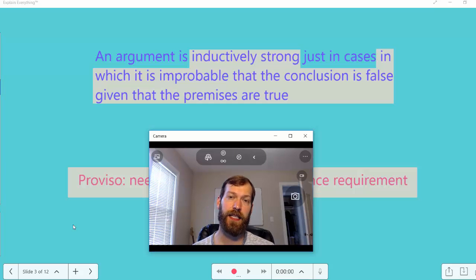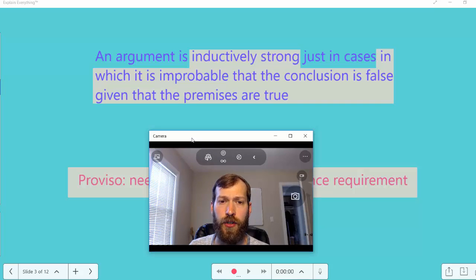So again, the idea behind this definition is that if the premises were true, because of the supposed truth of the premises, it would make it such that the conclusion is more likely to be true than false. Okay? It's because of the premises. It's because of the informational content contained in the statements that make up the premises that's driving the conclusion to be more likely to be true than false.